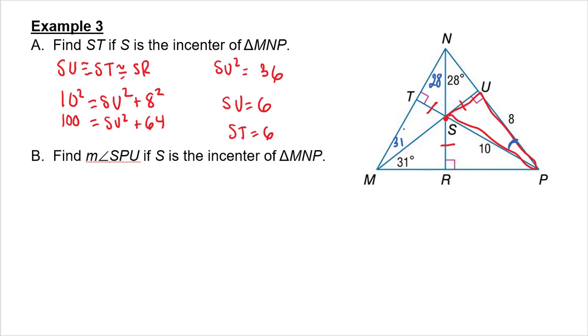So I add those angles together, and then subtract from 180. So for the whole angle NPM, I get 62 degrees left over. SPU is half of that. So angle SPU is equal to 61 degrees.